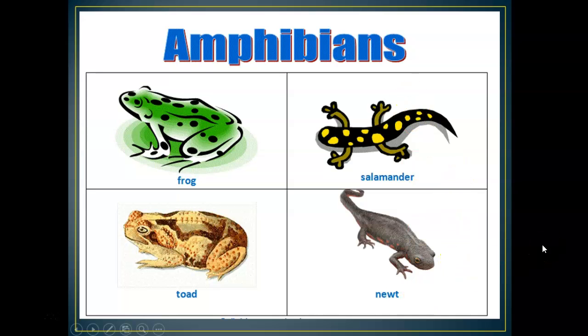So some people, some scientists will just put a newt in the same category as a salamander. And some people will put frogs and toads in the same group together, but they are different. They all have amphibian characteristics, but they are different from each other.